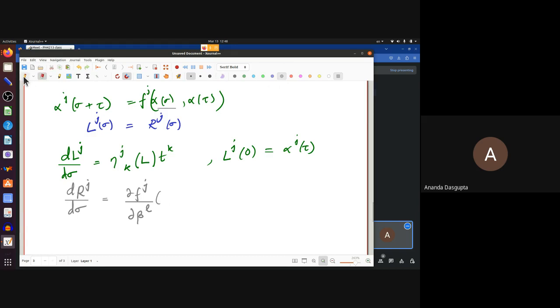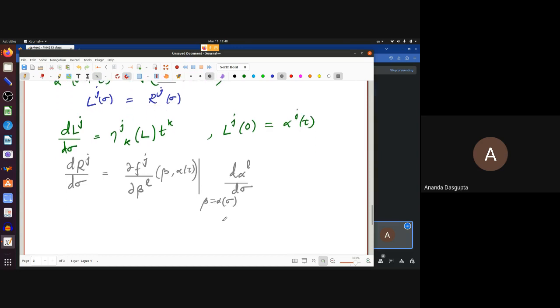At alpha tau, where beta is alpha of sigma, times the derivative of beta L, which is of course alpha L of sigma, right? That's all there is to it.